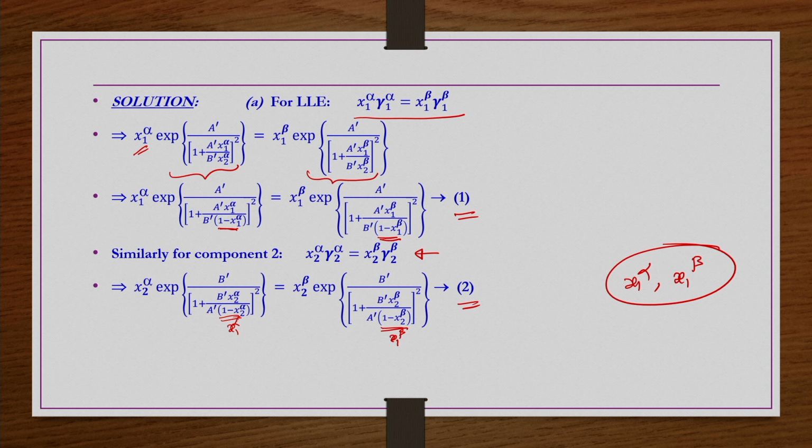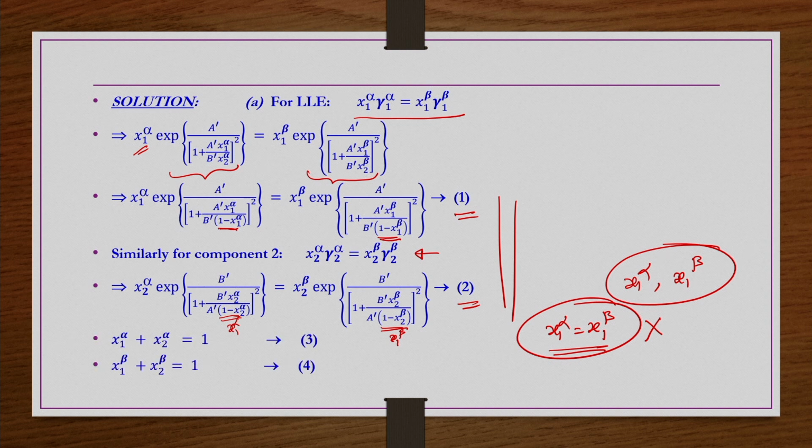But these equations may not be sufficient, because if you take x1 alpha equal to x1 beta, any value of x1 in the alpha and beta phases would satisfy them, as we have already seen. That is not a correct solution, because it should also satisfy x1 alpha plus x2 alpha equals 1 and x1 beta plus x2 beta equals 1.